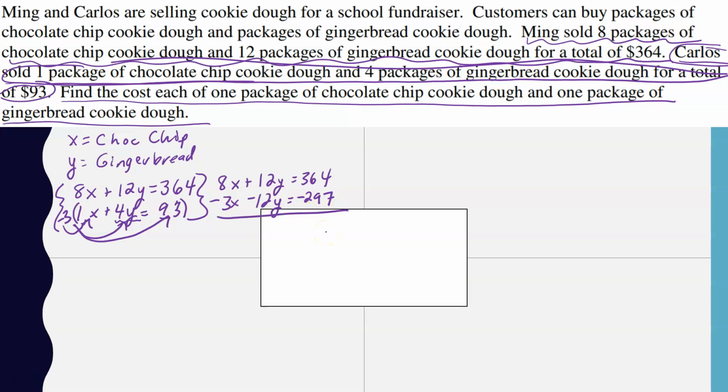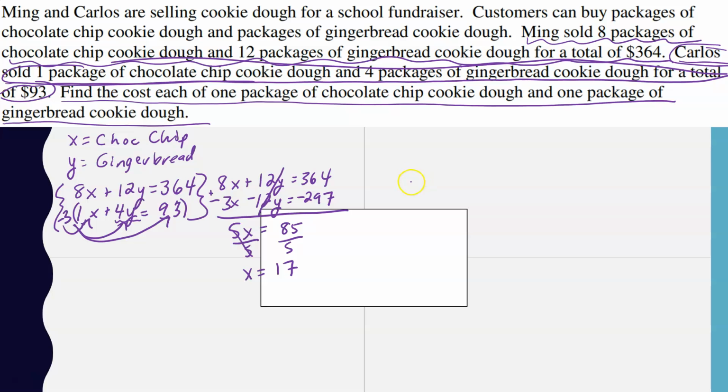Again, you could have multiplied the bottom equation by -8 as well. All right, when I go to add these though, 8x minus 3x gives me 5x, the y's cancel, and then 364 minus 279 was 85. Divide both sides by 5, and I got x equals 17.